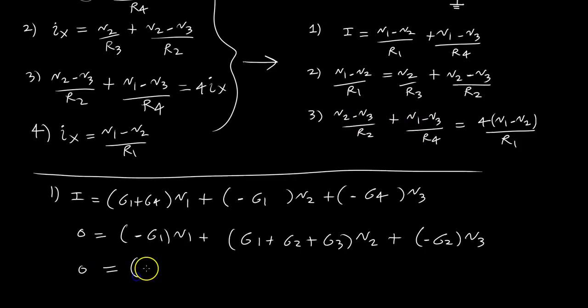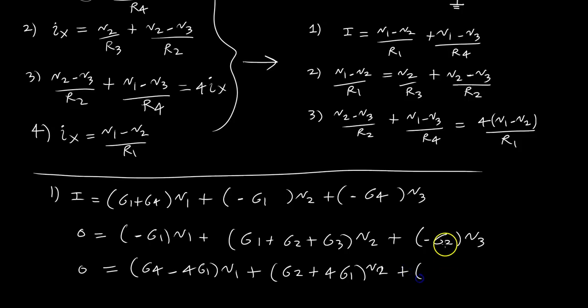So we're going to have G4 minus 4 G1 times V1 plus V2 is going to be G2 plus 4 G1, and let's see, we have V3 left, and V3 is going to be minus G2 minus G4.